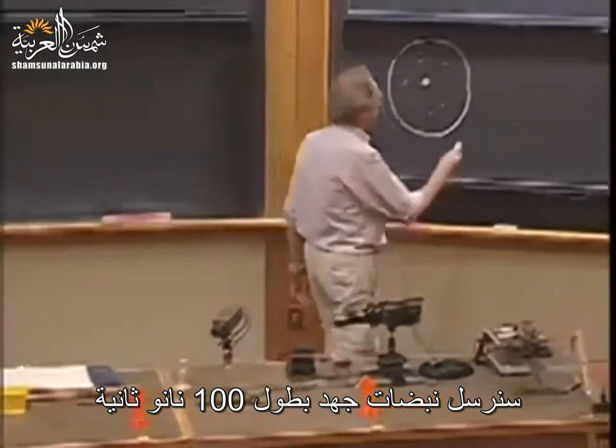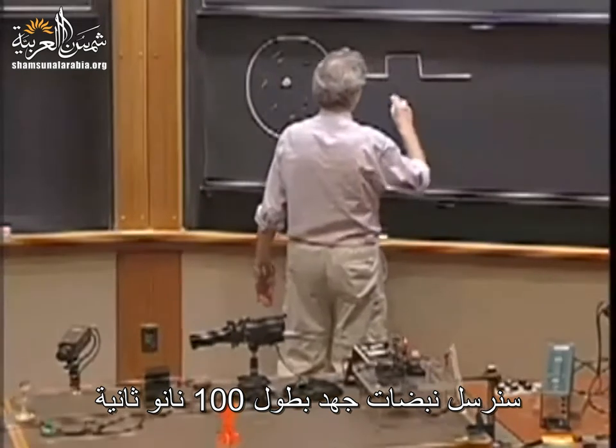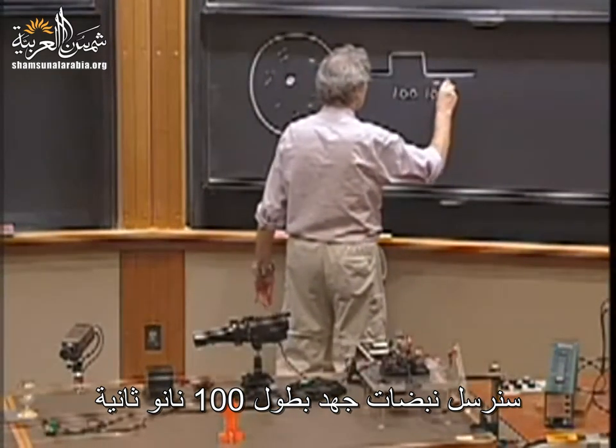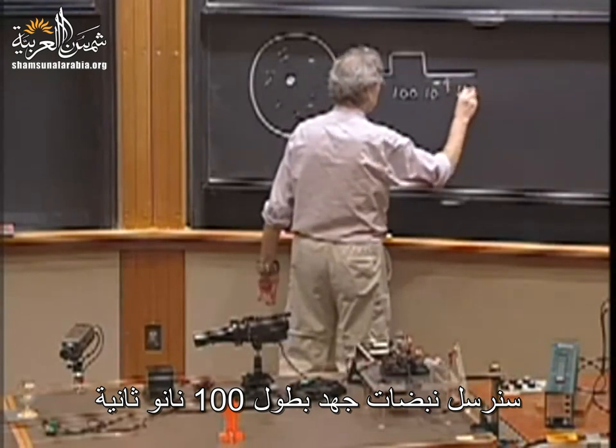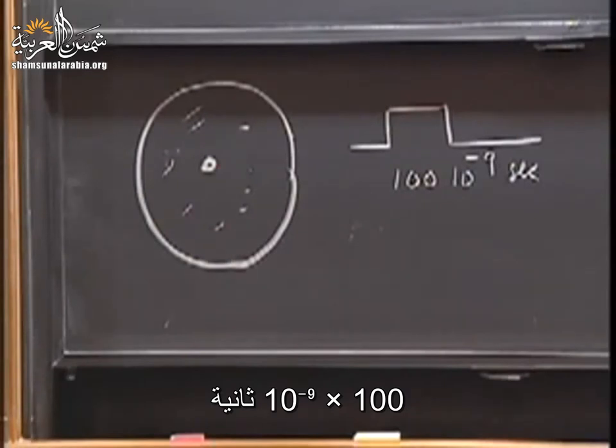And what we're going to do, we're going to send in here voltage pulses which have a length of 100 nanoseconds, 100 times 10 to the minus 9 seconds, 100 nanosecond length of the pulse.